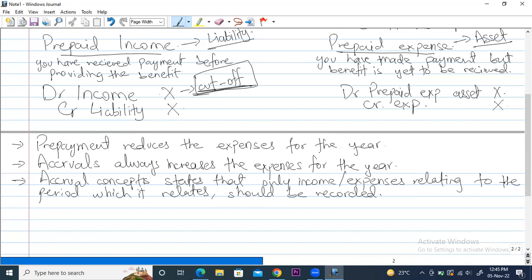Now this third point will be further clarified through practicing the questions.